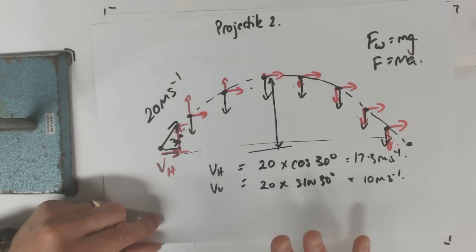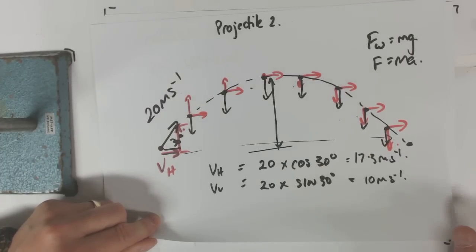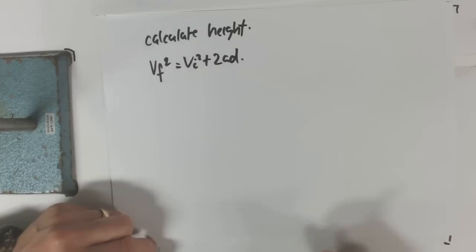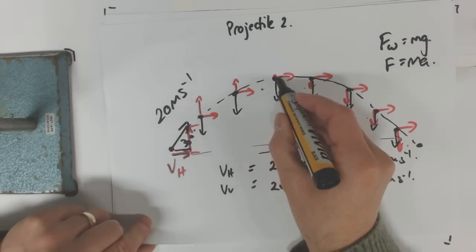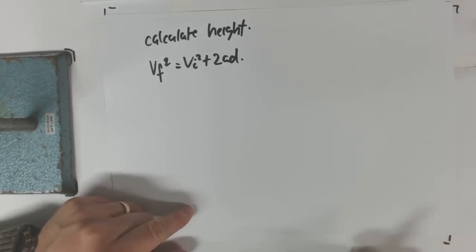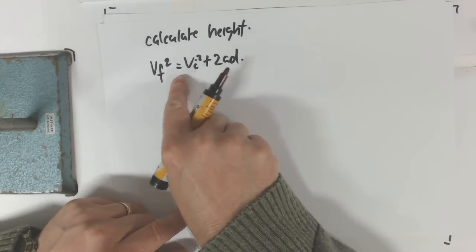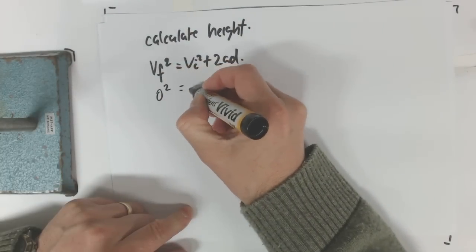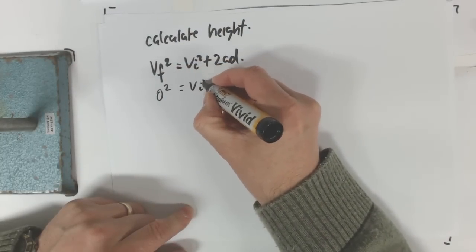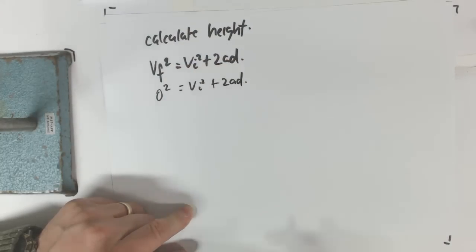When we're calculating this stage, we're just looking at the vertical velocity. Remember, that's the one that's changing. And it goes from maximum down at the bottom to 0 at the top. So we want to know how high it's going to go. Now in this formula, if I know that Vf at the top is 0, 0 squared equals Vi squared plus 2AD.